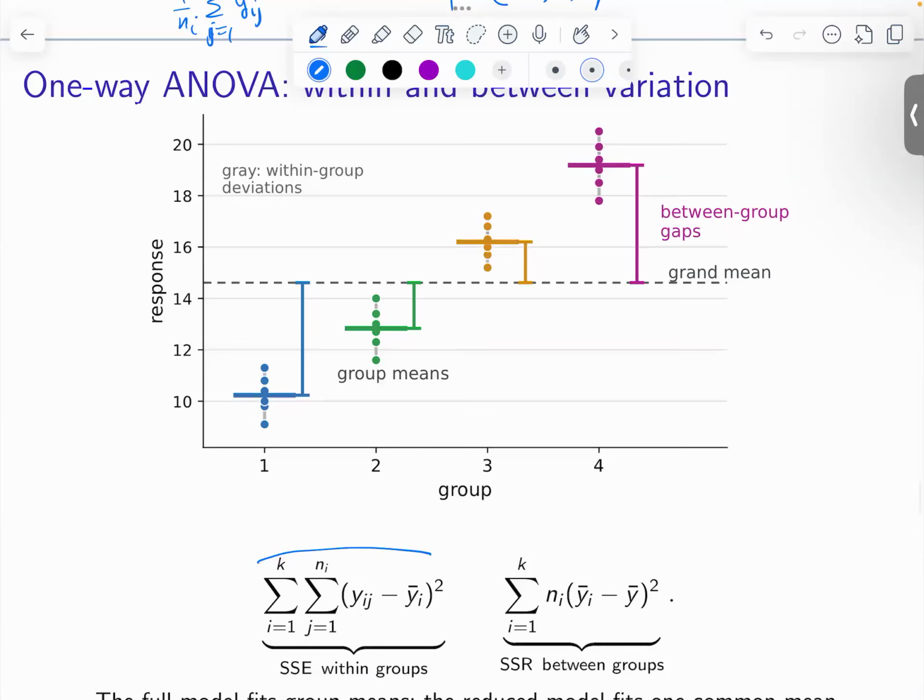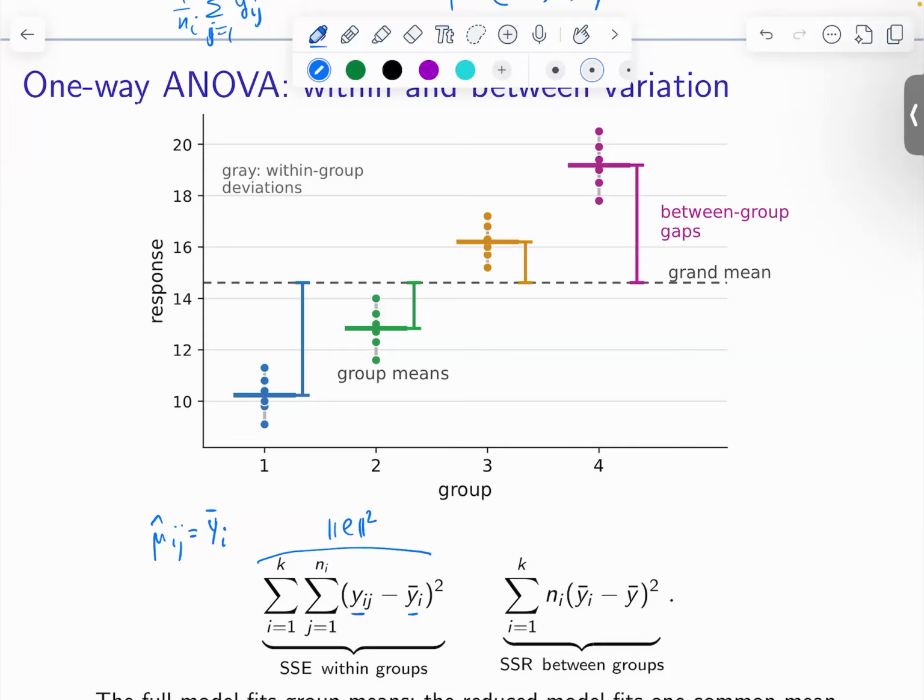The SSE of the full model: you have to look at this is the mu hat ij and this is the yi. So mu hat ij would be y bar i, and so this is like norm e squared.